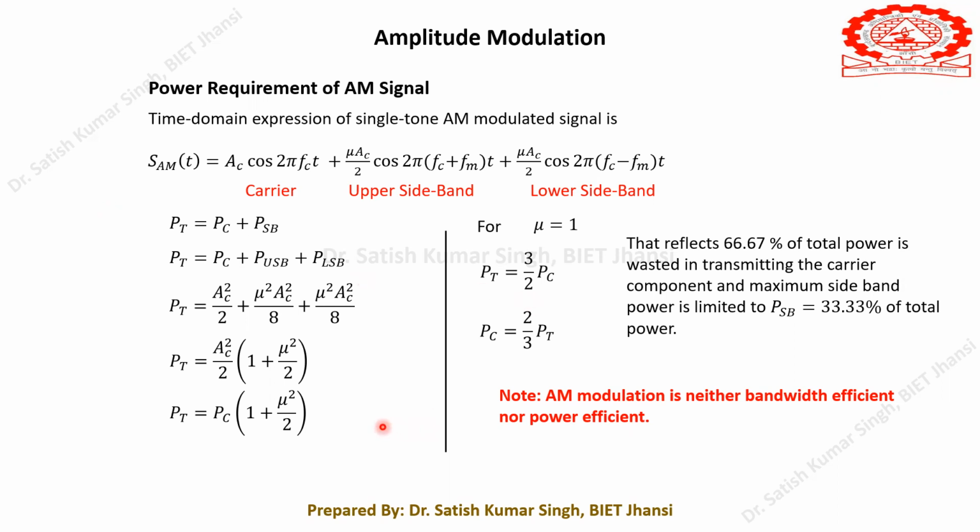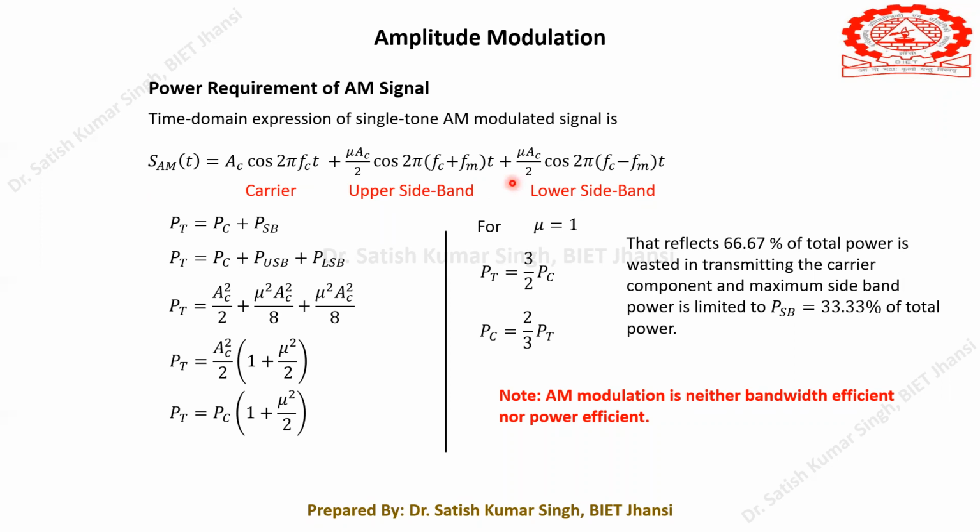So today in this lecture, we are going to see how to extract the message signal. Once we do the modulation, from the modulated wave, this was the modulated wave s_AM(t) = A_c cos 2πf_c t + (μA_c/2) cos 2π(f_c + f_m)t + (μA_c/2) cos 2π(f_c − f_m)t.